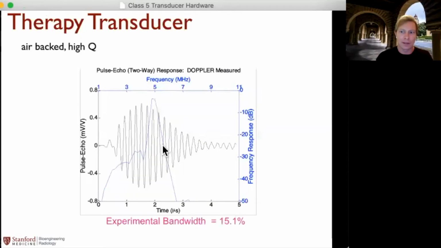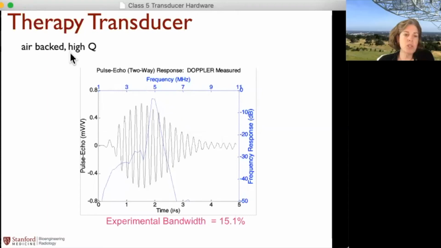All right, so we can compare this to the spec sheet for an air-backed transducer with a high Q. And this one now, you can see that it rings quite a bit longer. Looking at the pulse echo signal in black, and now looking at the frequency response in blue, again we can see a center frequency around 5 megahertz, but we see that the bandwidth is much narrower. We look at half maximum.